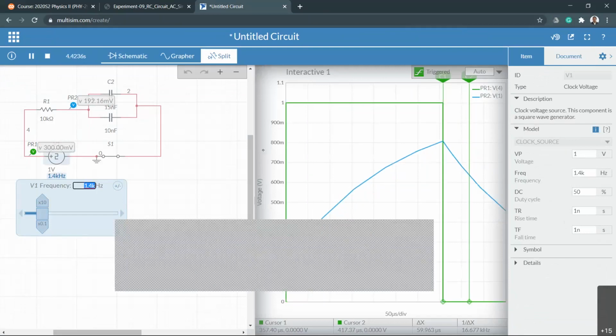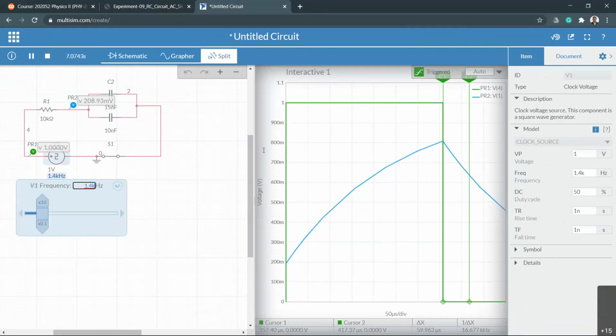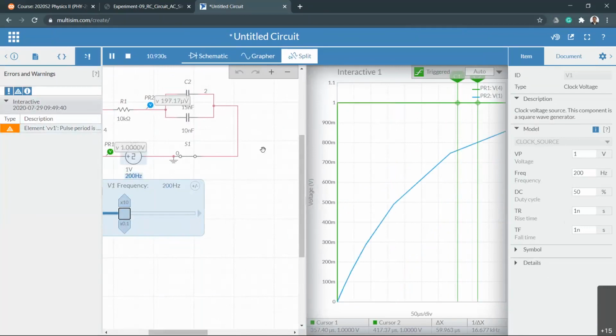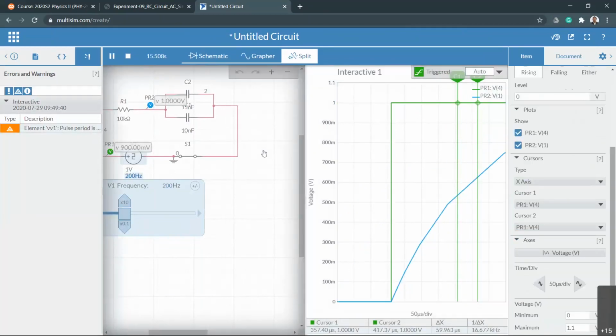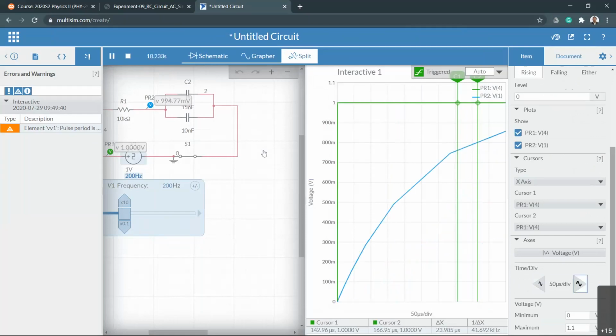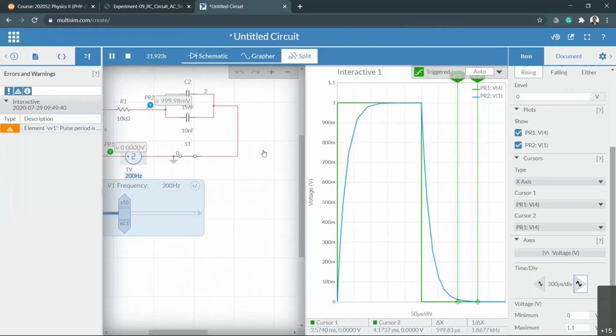To give more time, if you increase the frequency, you decrease the time. You decrease the frequency, you increase the time, right? So let's decrease this one a little bit. So let's go maybe some number like 200 hertz or so to see whether it's reaching fully charged. Is it reaching? Yes.